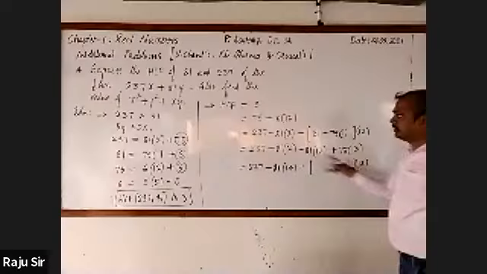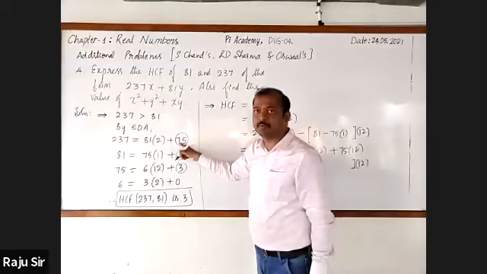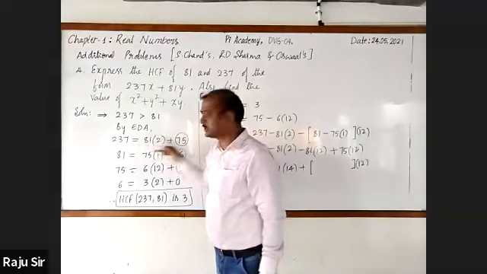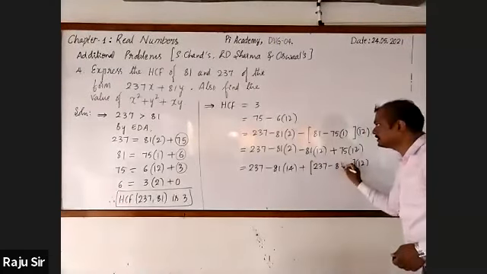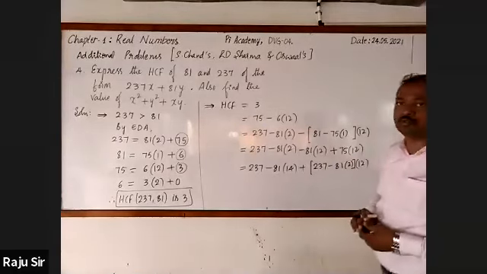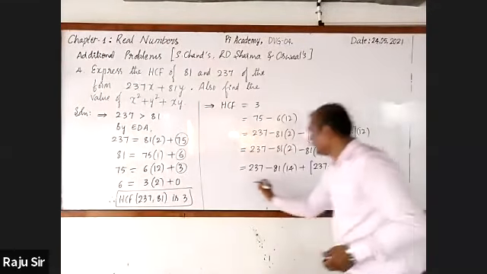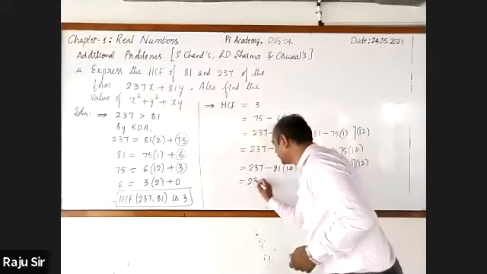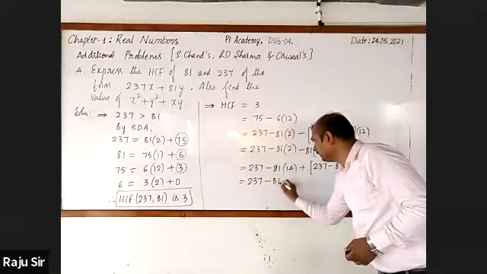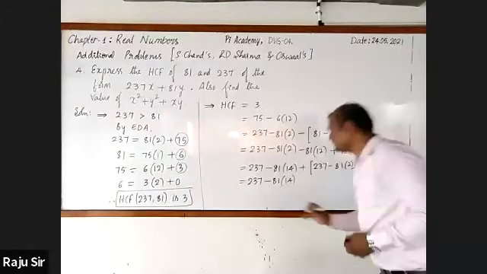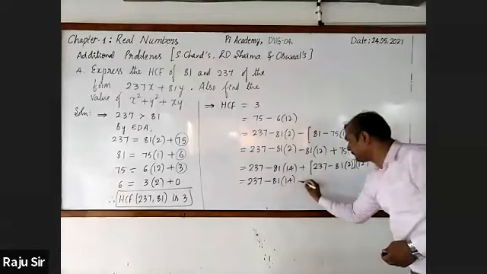Yes, sir. 75 into 12. Let us solve 75 from the solved statement. It is 237 minus 81. Right. 237 minus 81. Now, this is equal to 237 minus 81 14 times as it is, plus.